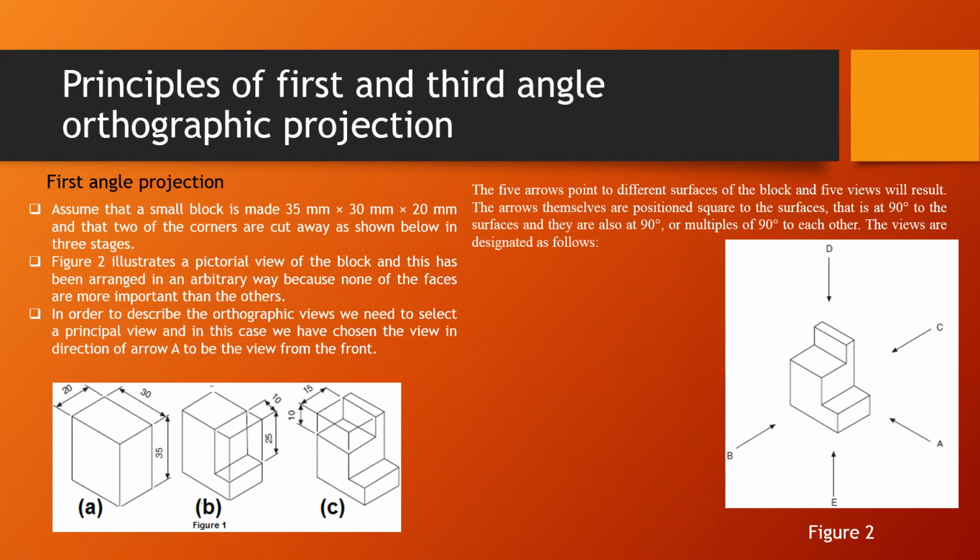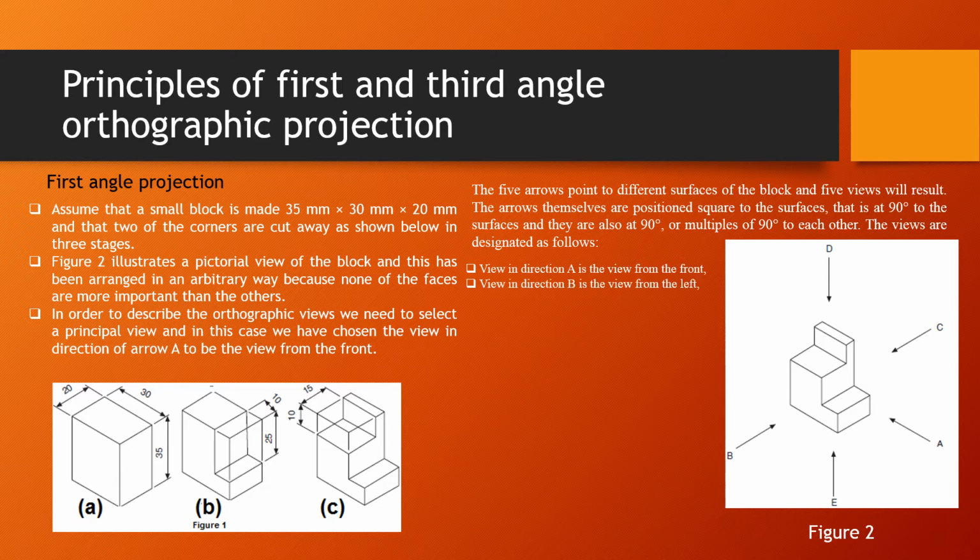The 5 arrows point to different surfaces of the block and 5 views will result. The arrows themselves are positioned at 90° to the surface, and they are also at 90° or multiples of 90° to each other. The views are designated as follows. The view in direction A is the front view.